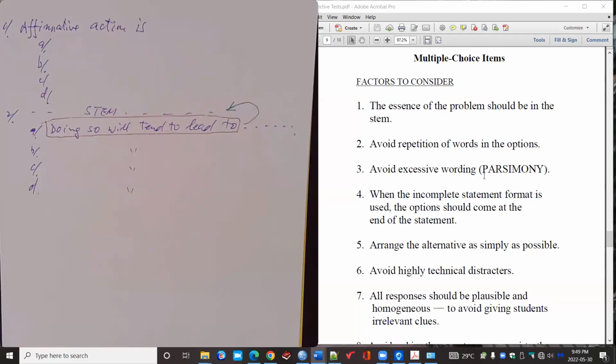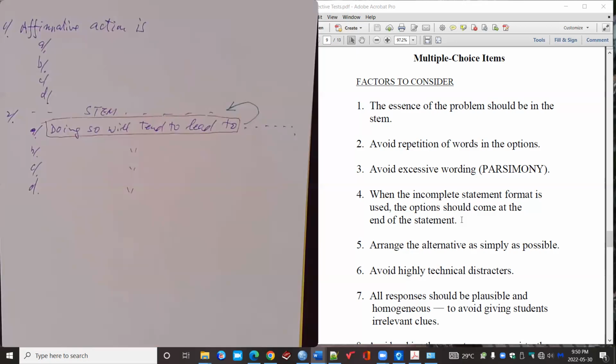Now, when the incomplete statement format is used, the option should come at the end of the statement.